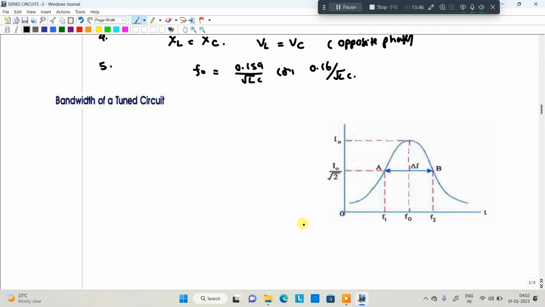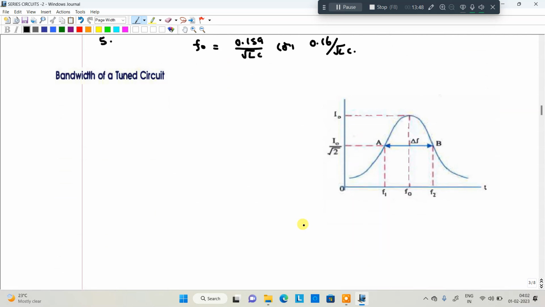Then we are moving to the bandwidth of a tuned circuit. I will select the one frequency curve. This is a resonance frequency curve. At what frequency does resonance occur? This is f naught, where the maximum current will occur.